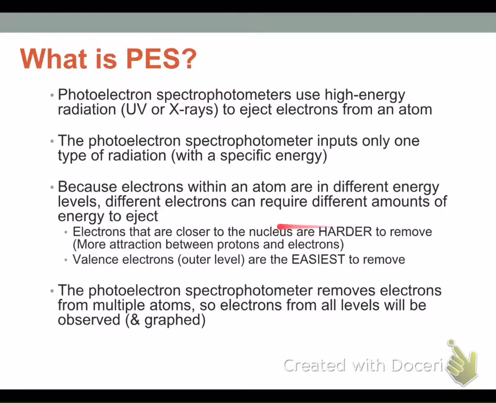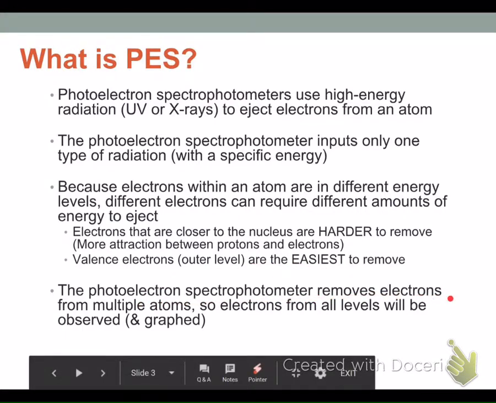So the electrons closest to the nucleus are harder to remove, and the valence electrons, which are by definition the furthest out, are the easiest to remove. This thing puts enough energy into the atom to remove almost all of the electrons, or there are so many atoms that through pure statistics you get electrons from all levels being emitted, and you can see those register on the graph.